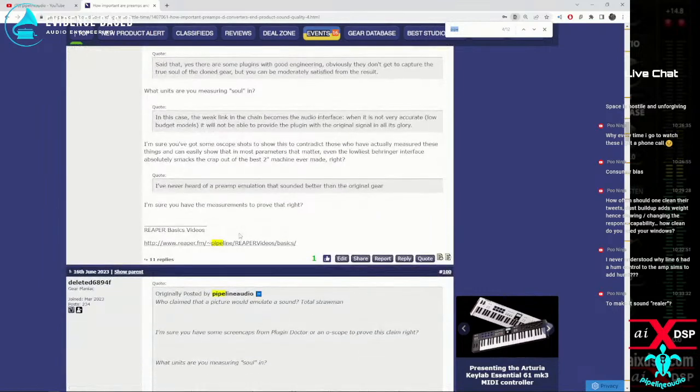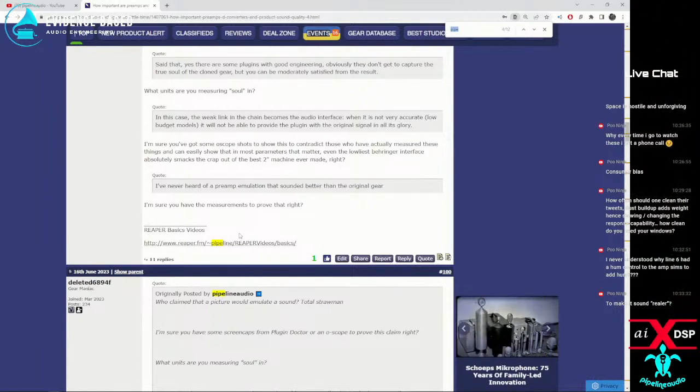So he also says, in this case, the weak link in the chain becomes the audio interface. When it is not very accurate, low budget models, which isn't true. Again, we've tested this stuff. That's not true at all. It will not be able to provide the plugin with the original signal in all its glory. It's going to provide the plugin with the crappiest interface you could buy right now that has an ASIO driver.